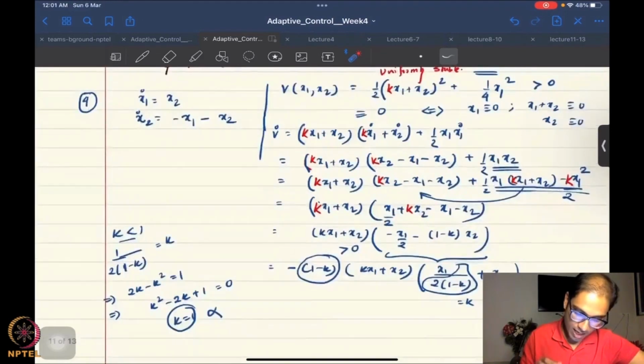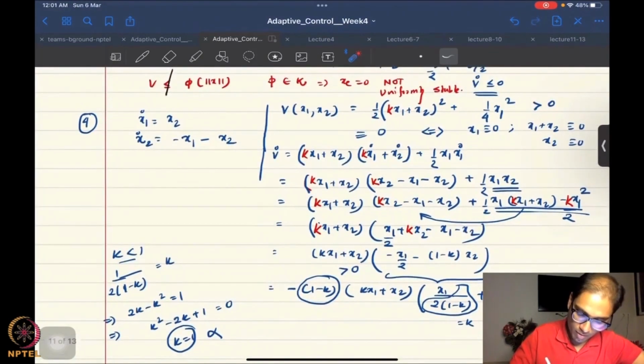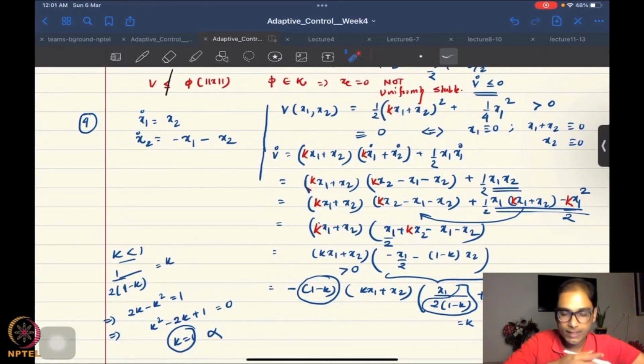The only thing is I have to be careful about choosing these constants. So we will continue next time, and we will choose these constants appropriately so that we can claim asymptotic stability.